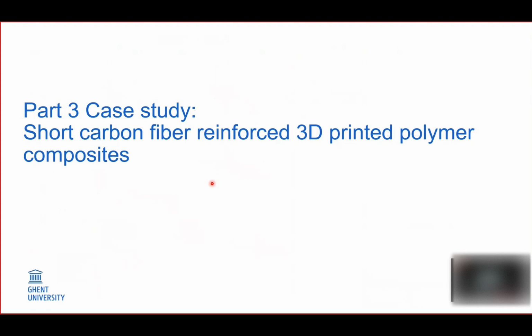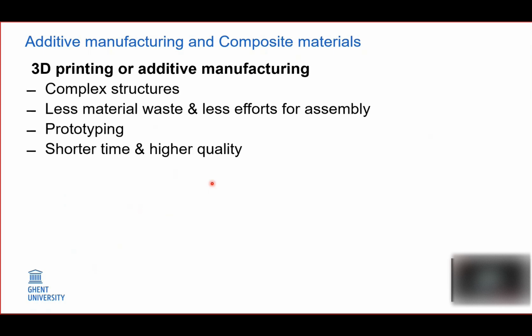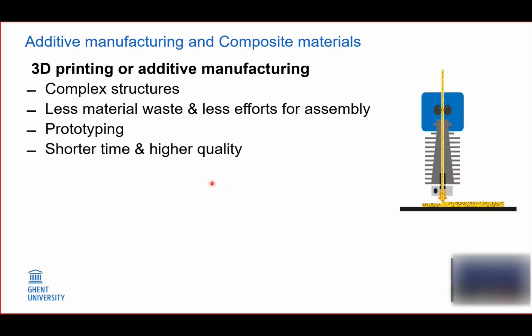And now let me give you the case study, the example of short carbon fiber reinforced composites that we processed via 3D printing. So additive manufacturing is the emerging technique which already finds industrial application, in which we melt the material and print it layer by layer.